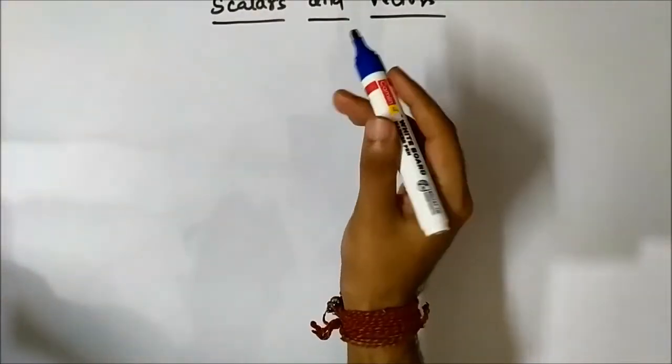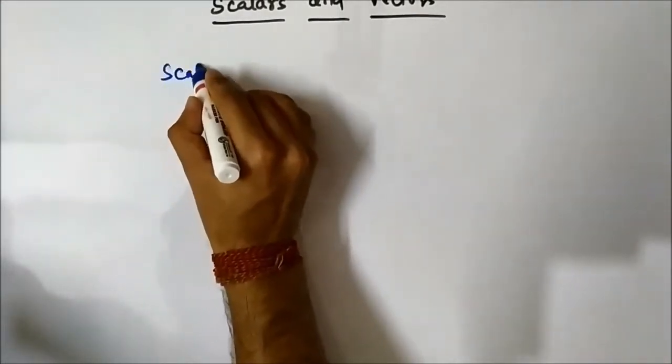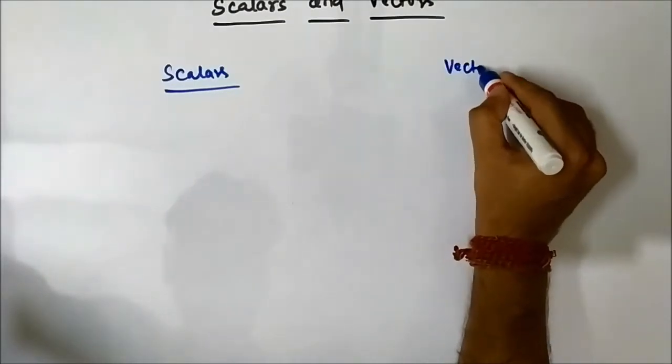So we will continue our discussion related to scalars and vectors. In the previous video we just had a basic introduction to this concept, the difference between scalars and vectors, and the main point of the previous video was that all physical quantities are divided into two categories: scalars and vectors.